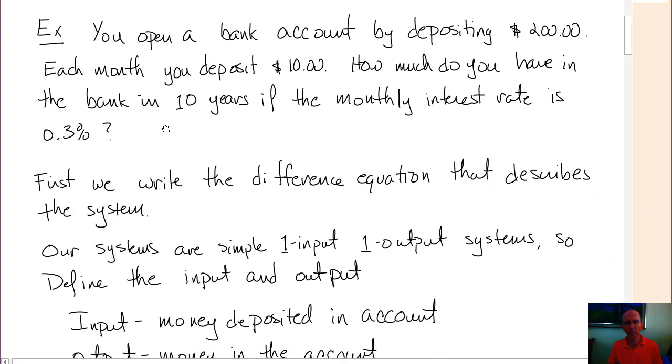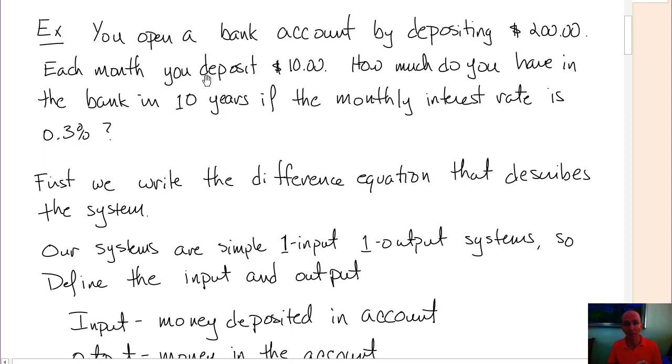Let's say we're going to write a difference equation that describes a bank account. Specifically, let's say you're going to open a bank account. You're going to deposit initially $200 in the account.